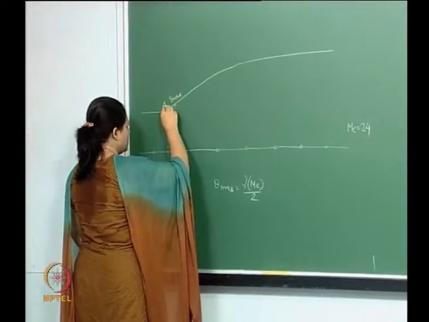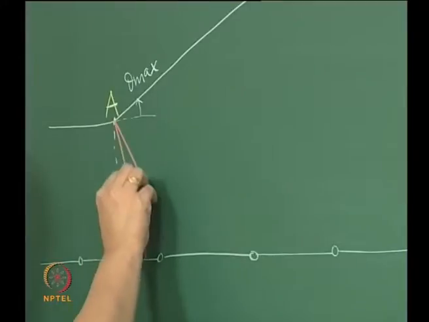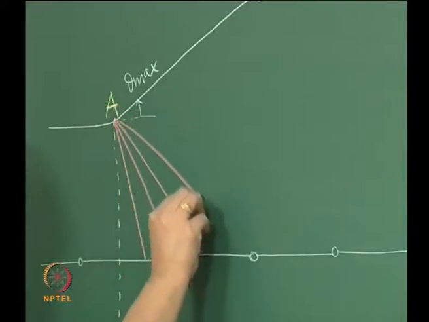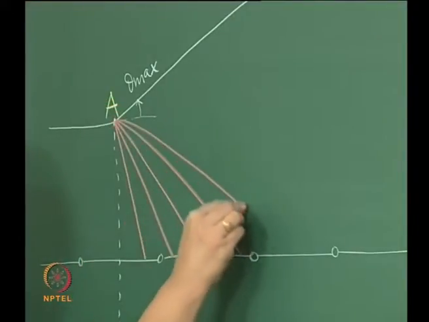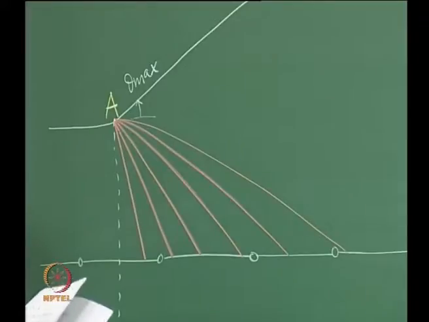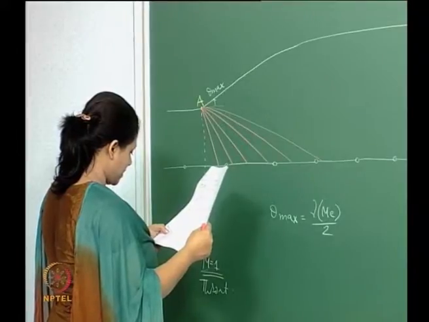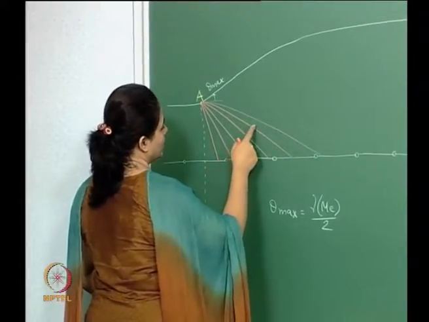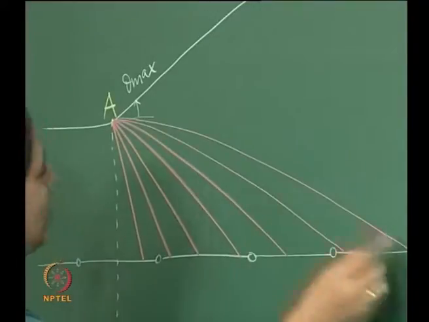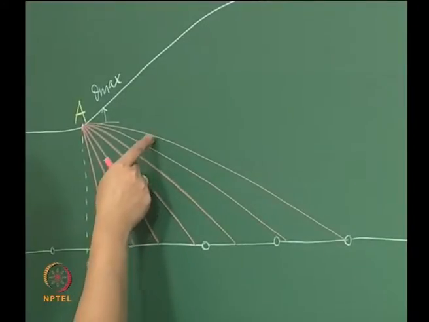So what we basically have is 1, 2, 3, 4, 5, 6.